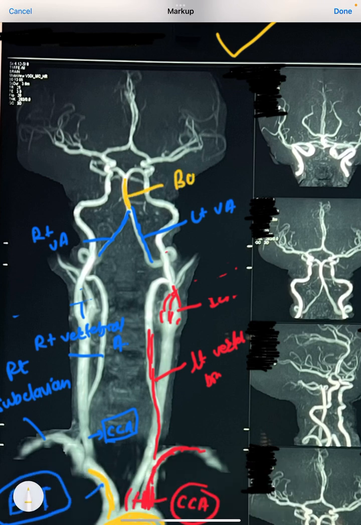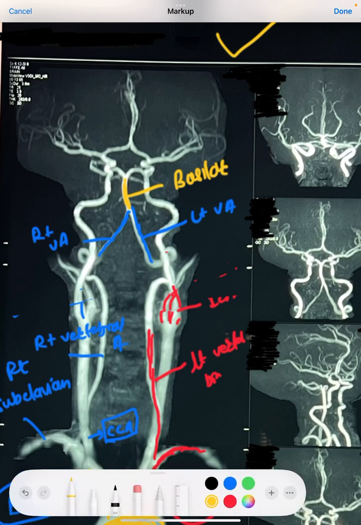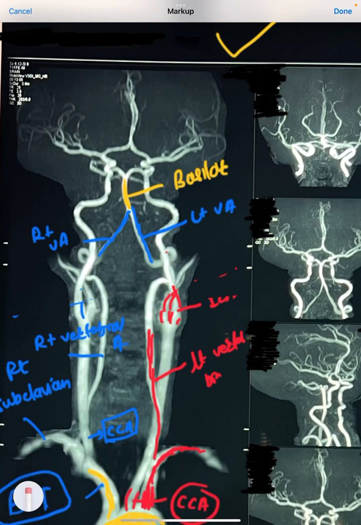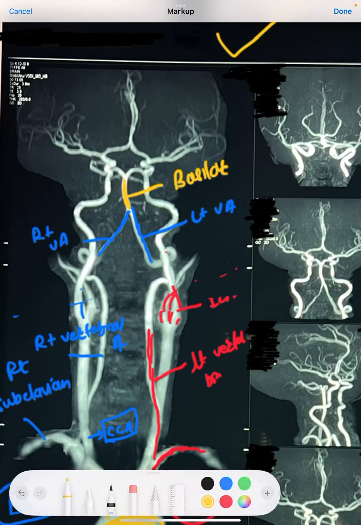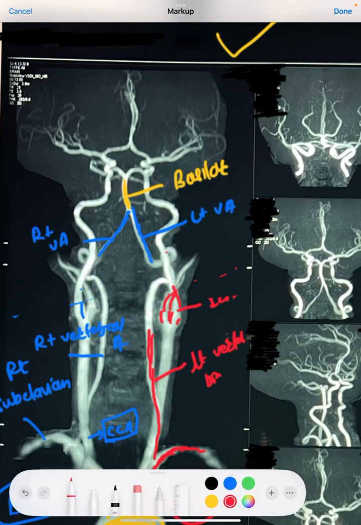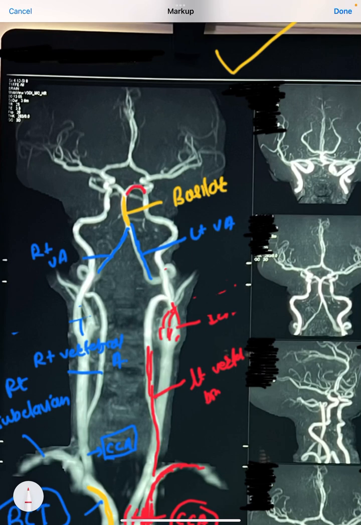This basilar artery is single, and it lies just in front of the middle of the pons. This basilar artery then divides into two, giving two posterior cerebral arteries. So this is the left PCA, this is the right PCA.